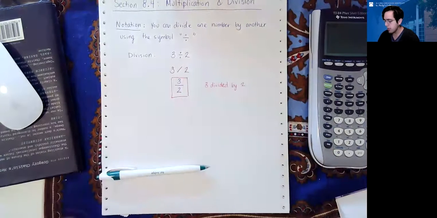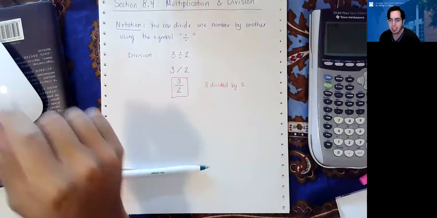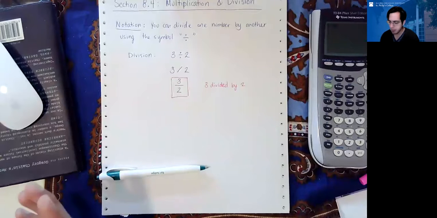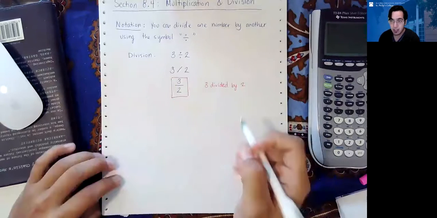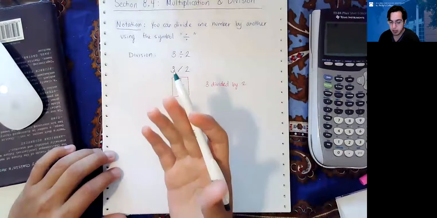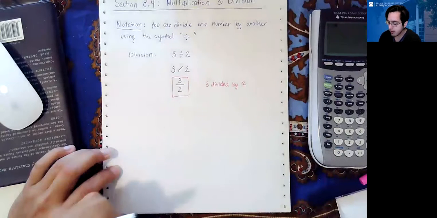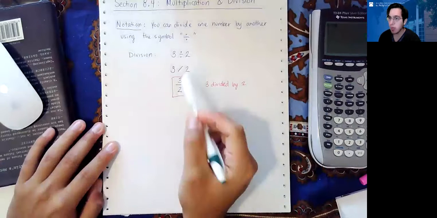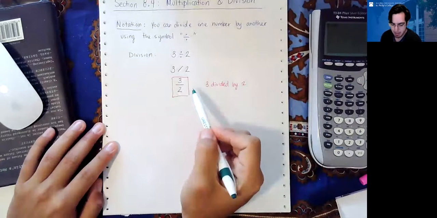So it might look like a fraction, and you could read it as 3 over 2, but you've got to be flexible, being able to interpret it also as a division problem. So it's both a fraction and a division problem, and we just have to get used to that. Does anybody have any questions about that? Just how we write down division is what I'm getting at.